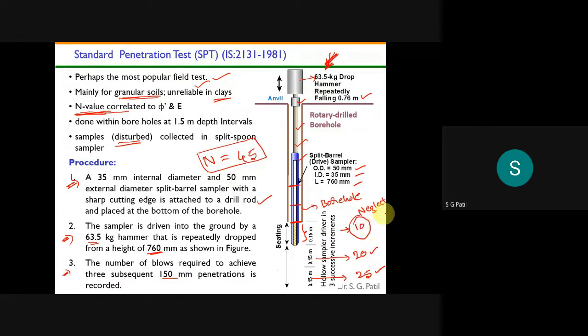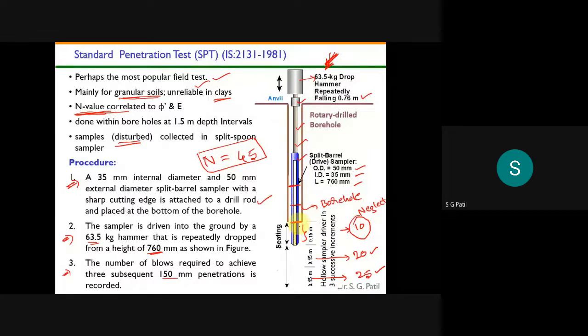So why do I have to neglect this first 15 centimeter? Because before inserting this split spoon sampler, with the help of your drilling equipment, you would have drilled the soil. While drilling, this 15 centimeter will usually already be disturbed by the drilling mechanism.